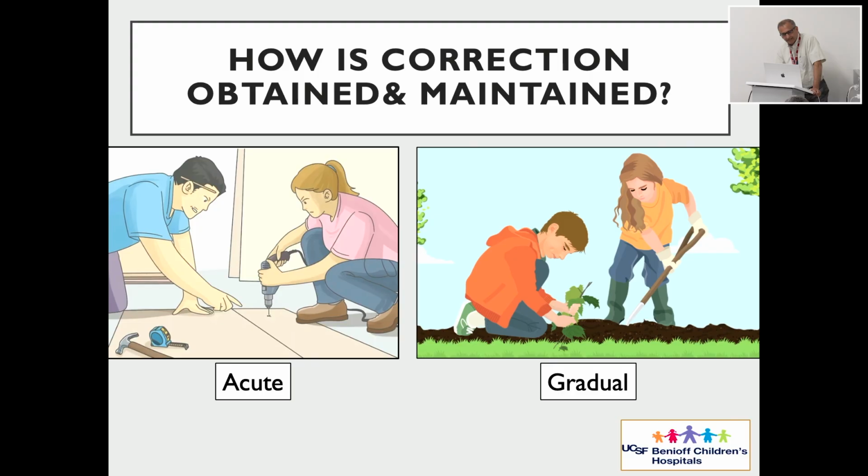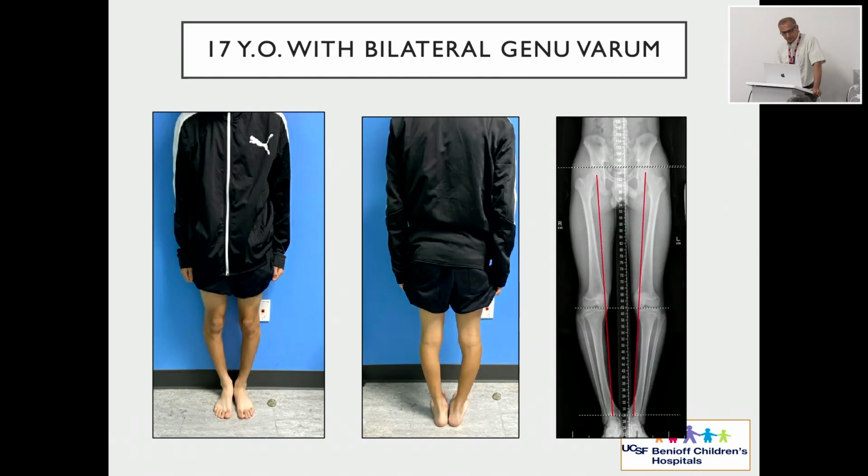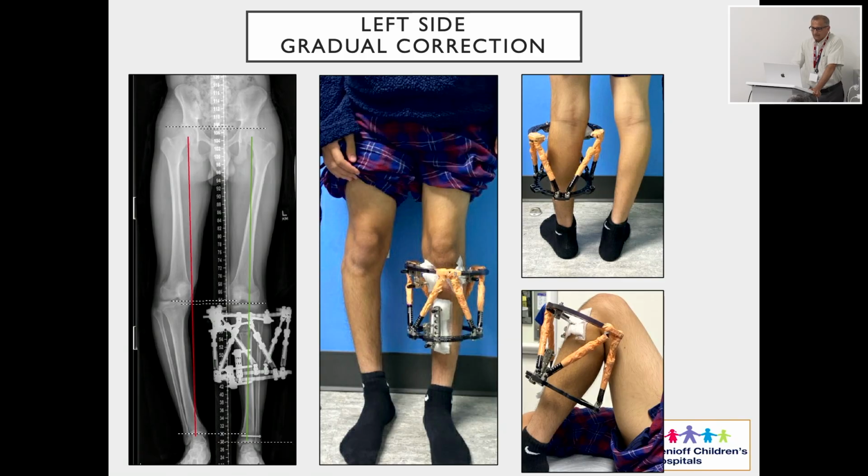And so then how do you obtain and maintain a correction, right? So this is sort of the classic carpentry and gardening, right? You do an acute correction, you cut the bone and you fix it, or you do it gradually over time and you nurture it. So here's a patient with mildly symptomatic bilateral genu varum, where one side, we did a gradual correction.